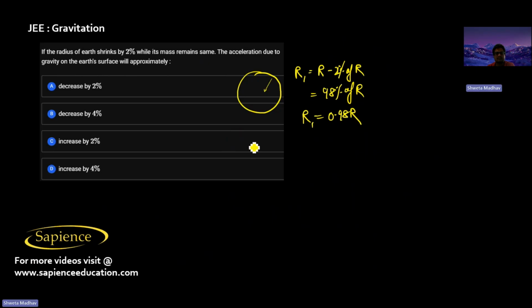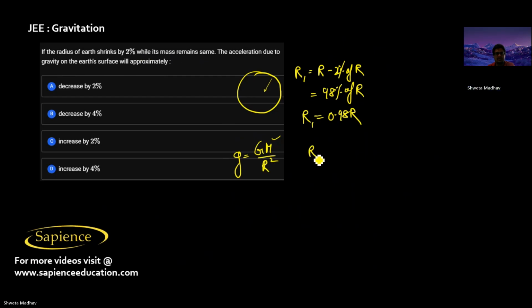Mass remains the same. So we know that acceleration due to gravity is GM by r squared, and its mass remains the same.